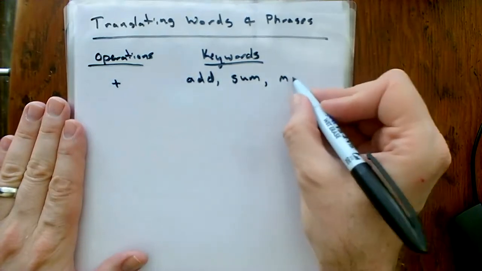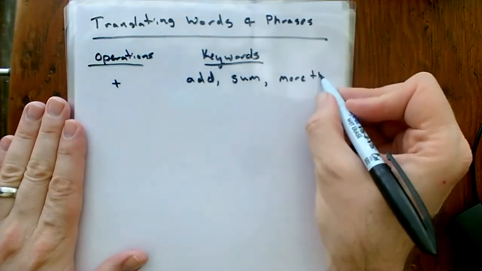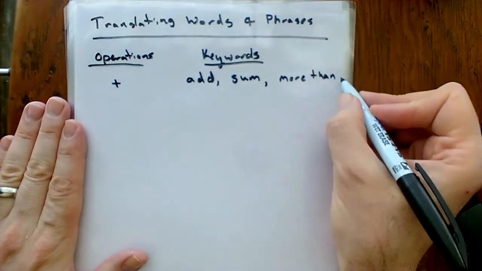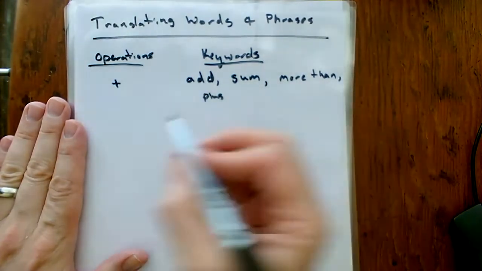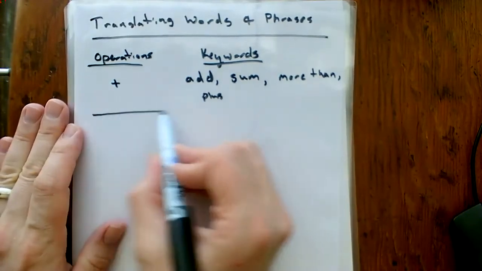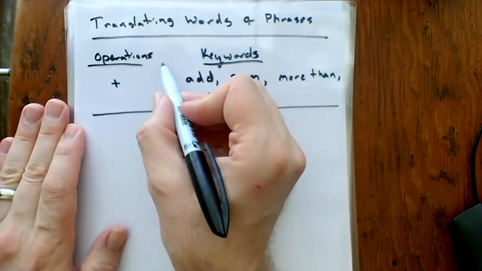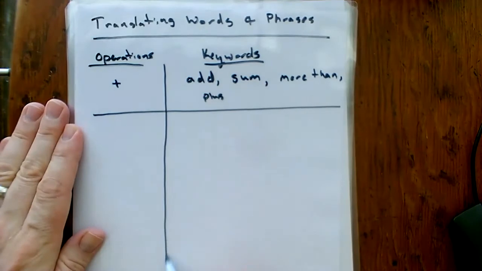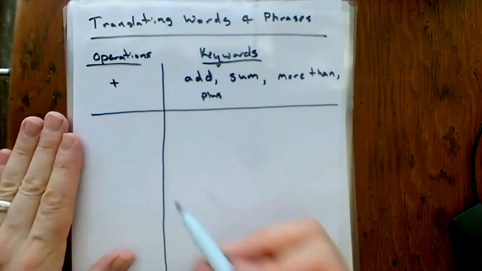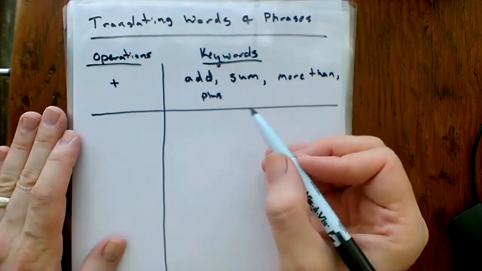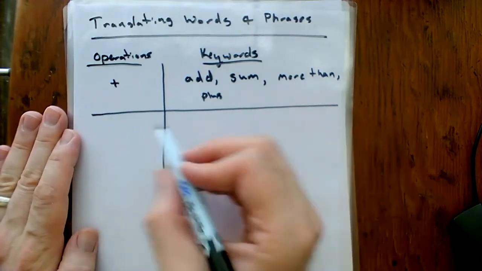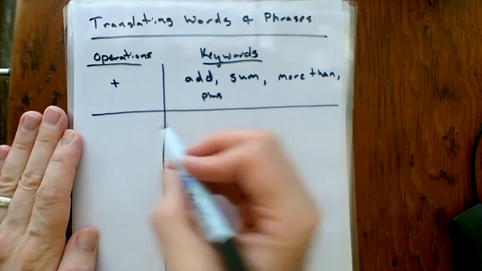Sometimes you'll also hear something like more than. Or another one is, of all things, plus. So these are some of our really most basic things. Like I say, we're going to have a pretty big list of words here by the end. So I hope you've brought your pen and paper.